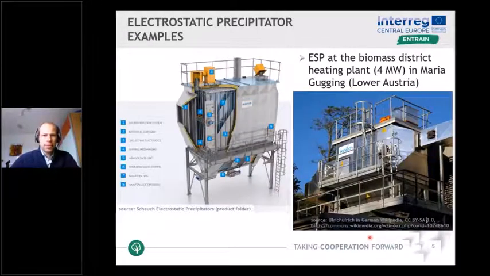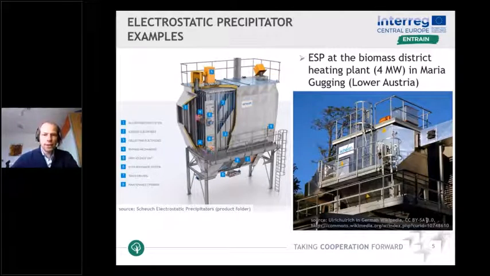Here you can see the construction of such an electrostatic precipitator from Scheuch on the left side. The flue gas enters here. Then you can see the ionizing electrodes and also the rapping mechanism for the cleaning of the collecting plates. Several of these channels with ionizing electrodes and collecting plates are in parallel here.